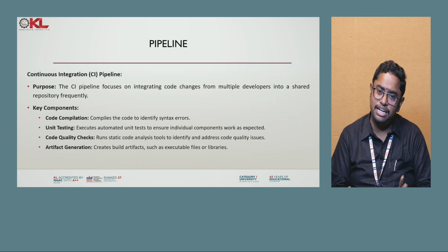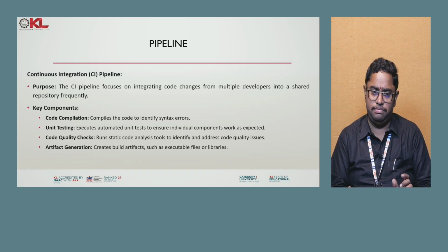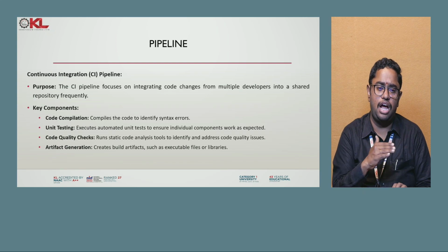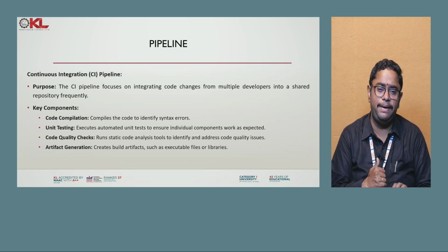Then, as I said, CI itself automatically generates the unit testing, and then code quality checks. It verifies the quality issues with respect to the code. And the last one is artifact generation. Once all the above steps have been completed, it creates the artifacts like executable files or libraries.